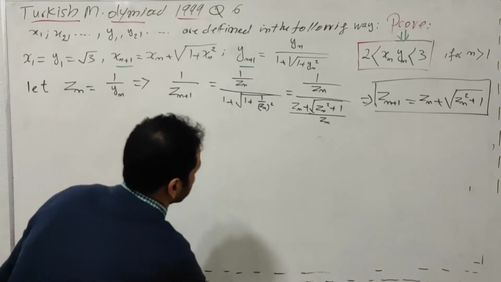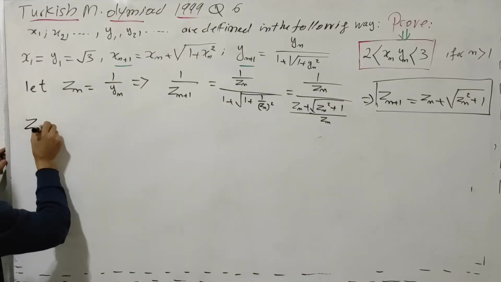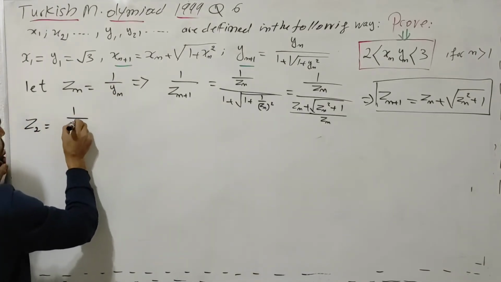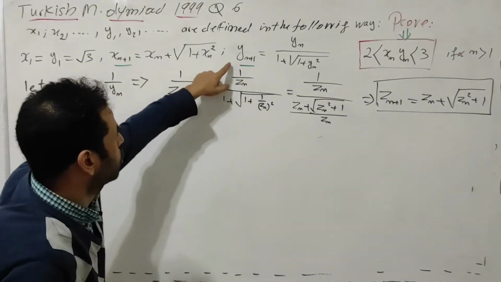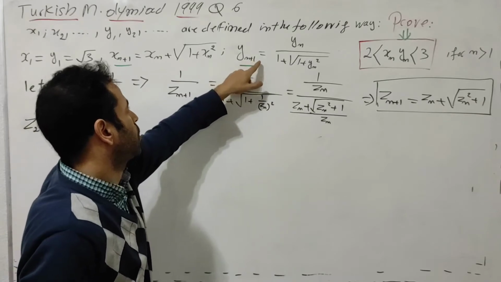Now I'm going to calculate z2 by replacing 1 over y2. I'm going to find y2 by replacing n by number 1.